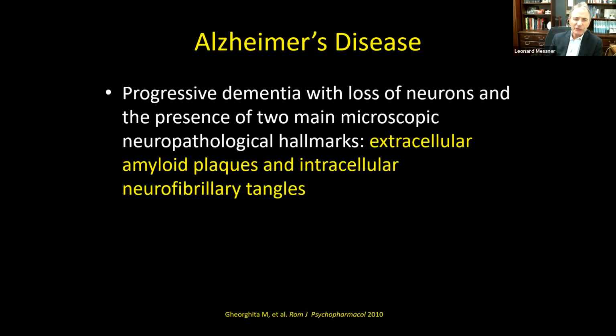So by definition, we can think of Alzheimer's disease as a progressive form of dementia with loss of neurons and the presence of two microscopic neuropathologic hallmarks: the accumulation of extracellular amyloid plaques and intracellular neurofibrillary tangles.